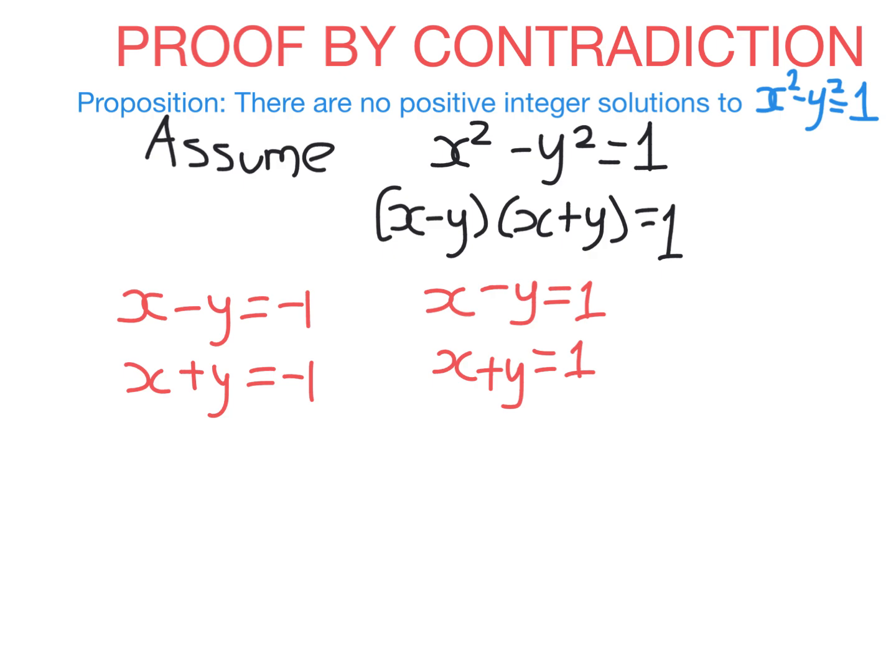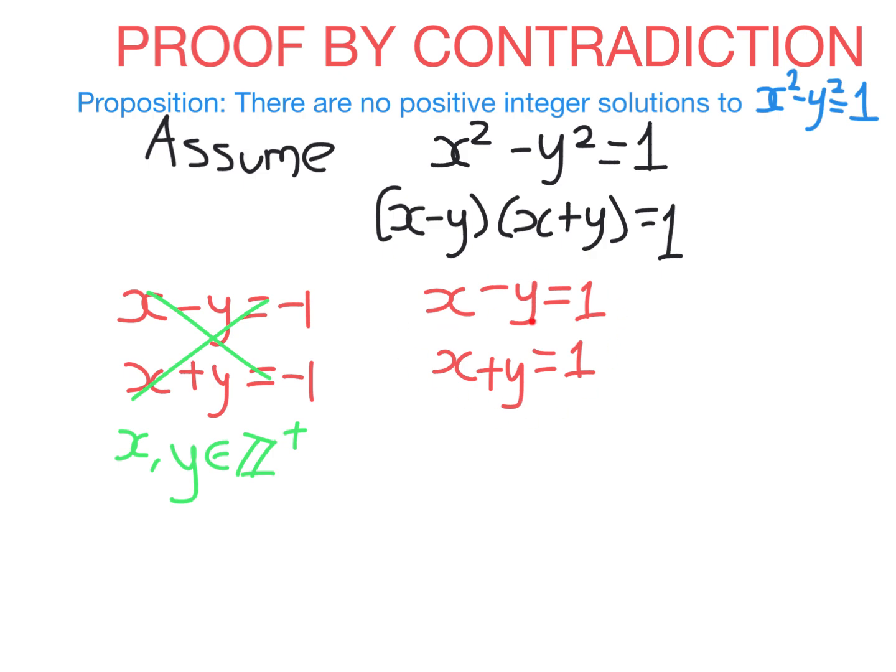Now, firstly, this one definitely can't be true because x and y, remember, have to be positive integers. You can't add together two positive integers and get a negative number. That's absurd. So this case is not possible. What about this case?